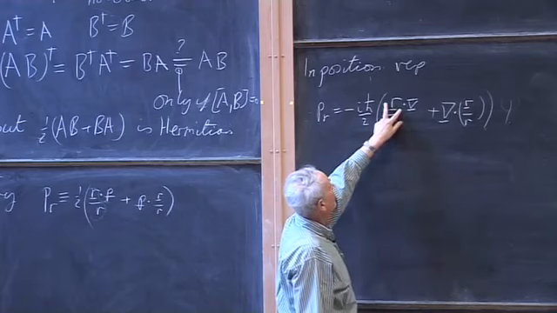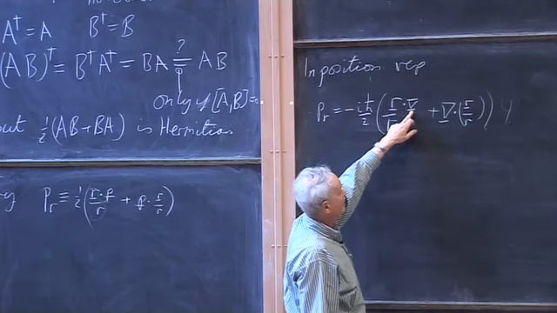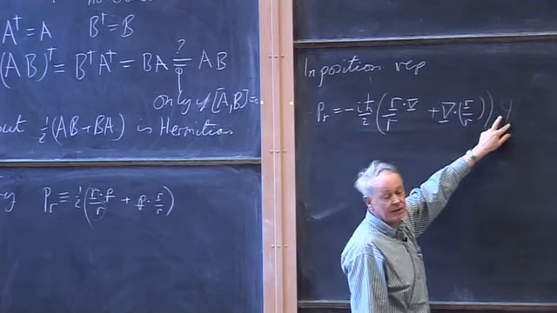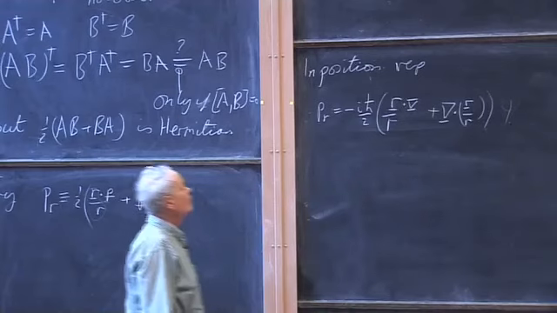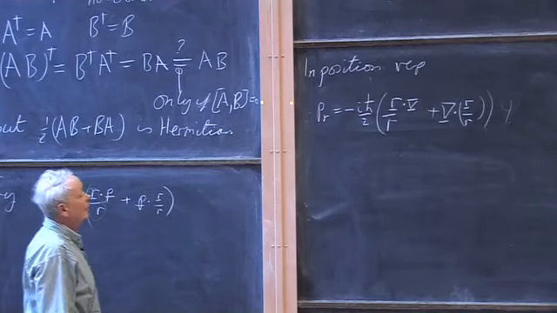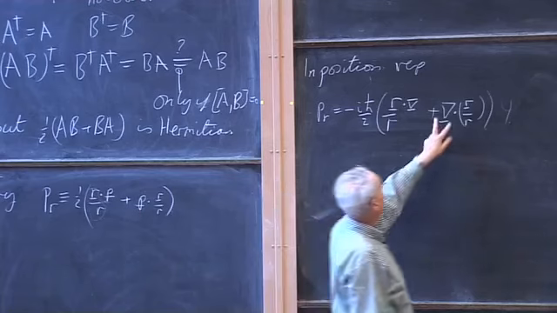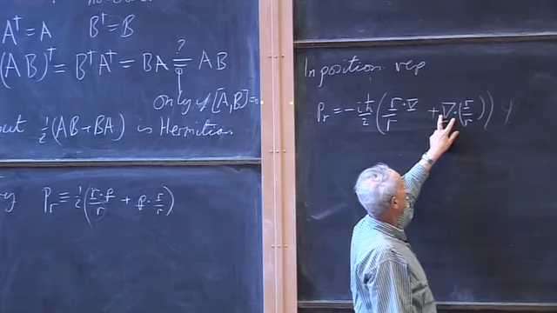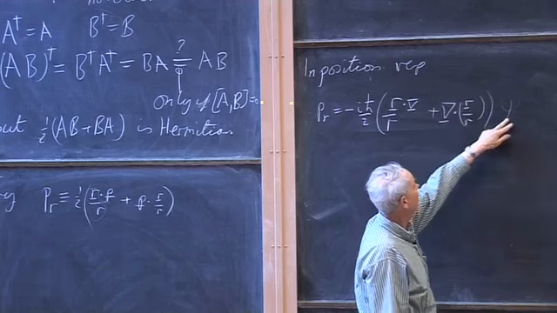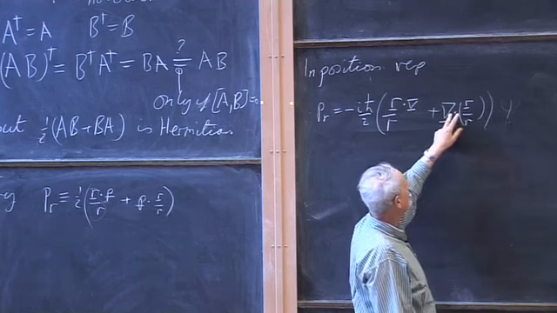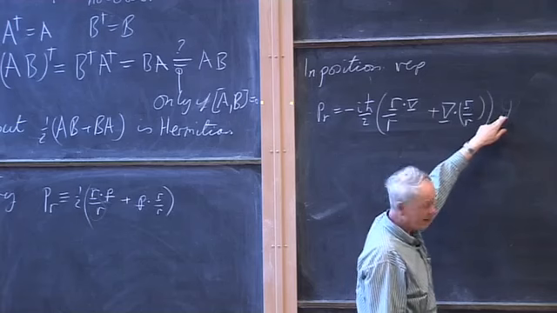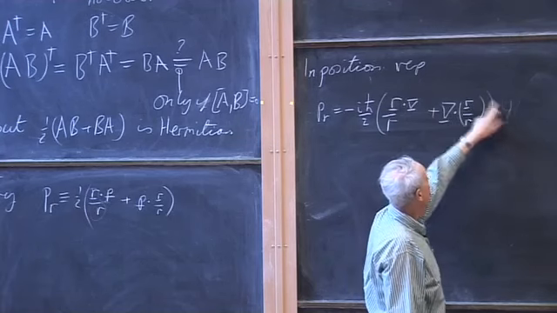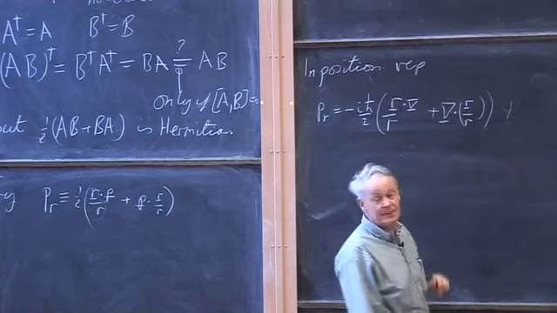This here, this differential operator operates on everything to its right, which is only the psi. So when we expand this out, we're going to get three terms, because we're going to get this thing operating on this, that and that standing idly by, this thing operating on this with this and this standing idly by, and this thing operating on this with these two standing idly by, which is the same as that.